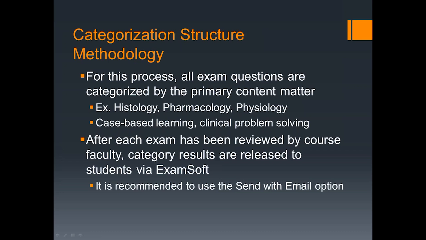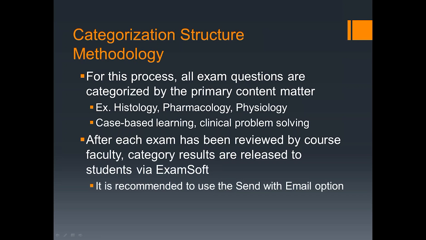Just to take a quick step back, if you're new to ExamSoft, that process is in the assessments page or section. If you go into your assessments, where you have your student results area, you can see the scores, and on that drop down at the top you can find the item analysis and all that. There's a release results tab that will allow you to send this information out to students.